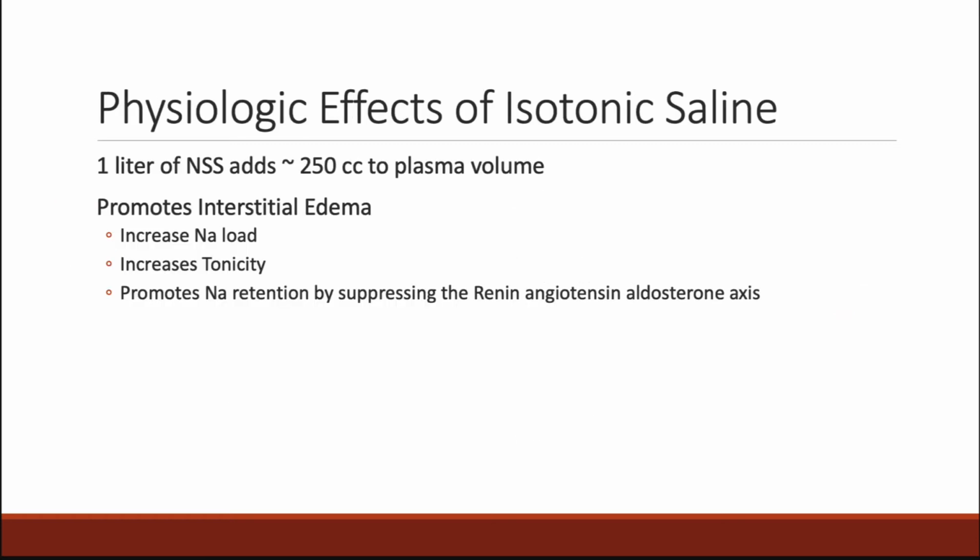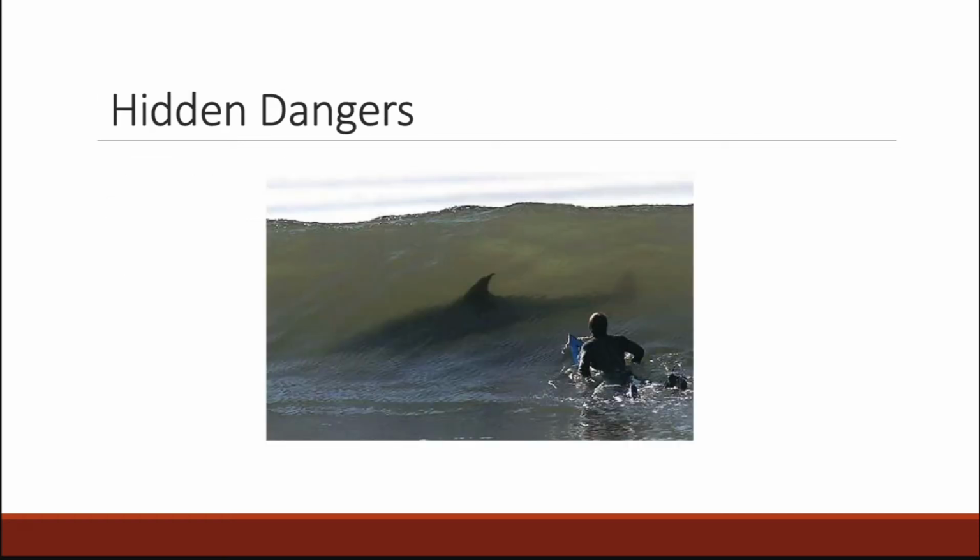Okay. Let's talk about the physiologic effects of this cheap stuff, the isotonic saline. Again, it adds about 250 cc's to the plasma volume. It does increase the sodium load. It does increase tonicity, and it promotes sodium retention because it messes with that renin, angiotensin, aldosterone system. So there are hidden dangers that are involved in doing that.